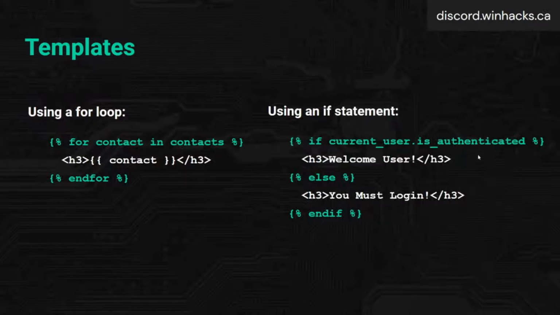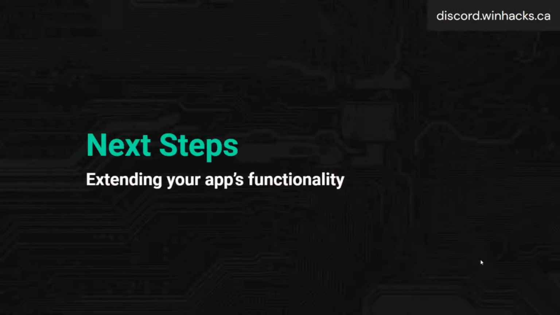So the example I gave here is part of a module called Flask Login for user authentication. So this is an example of, if they're on some page and you want to say welcome to them, or if they're not supposed to be on that page because they have to log in first, you can put an H3 that says login, right? So that's another cool way that you can use Flask.